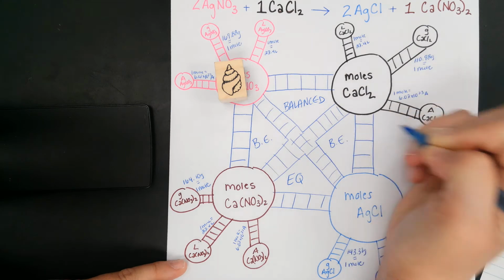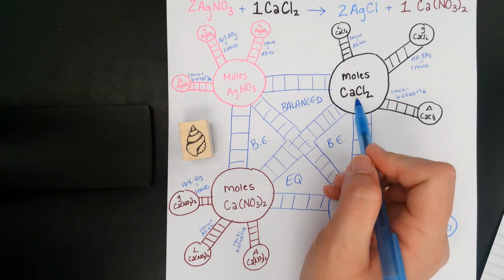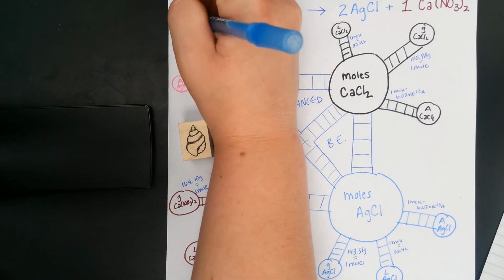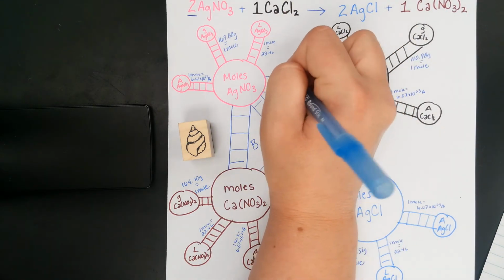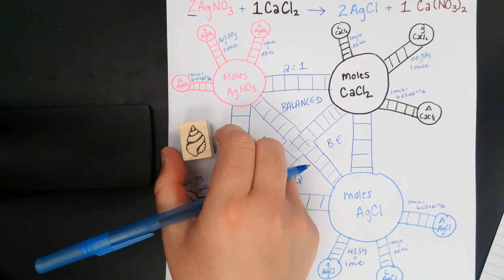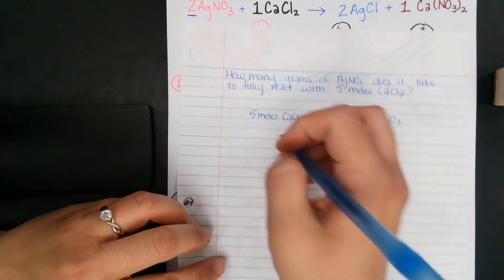Always the balanced equation. So for this, we're going to compare the moles of calcium chloride to the moles of silver nitrate. We see we have 2 moles of silver nitrate for every 1 mole of calcium chloride. So when we set this up, we always start with our given.